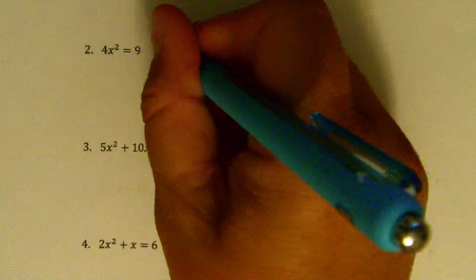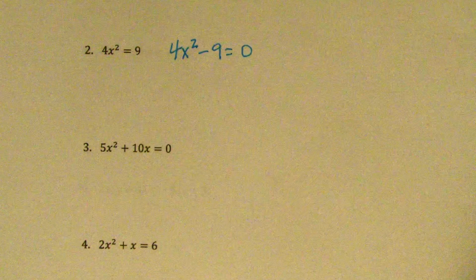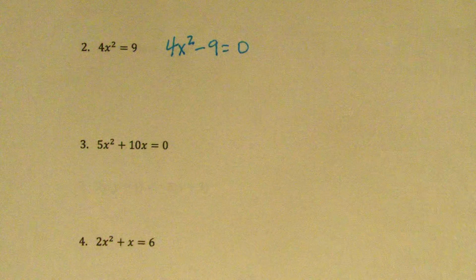Now this next one is not set equal to 0. There's actually two different ways we could go about this one. In the next section, we'll be using the square root method for solving, and that's one method we could use here. Or we could go ahead, like the last problem, set this equal to 0. So subtract 9 and get it on the other side. And then this is a perfect square, and this is a perfect square, and subtraction in the middle.